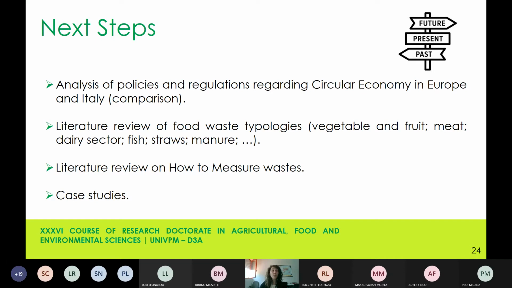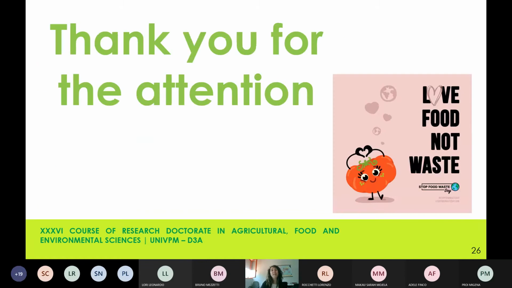Then it will be necessary to implement a way to measure wastes in order to develop some regional case studies on market region companies in order to develop and implement real, concrete circular economy paradigms. So these are my references, and thank you for the attention.